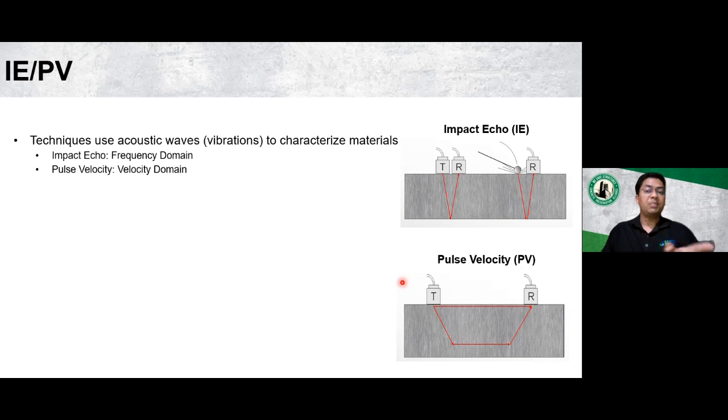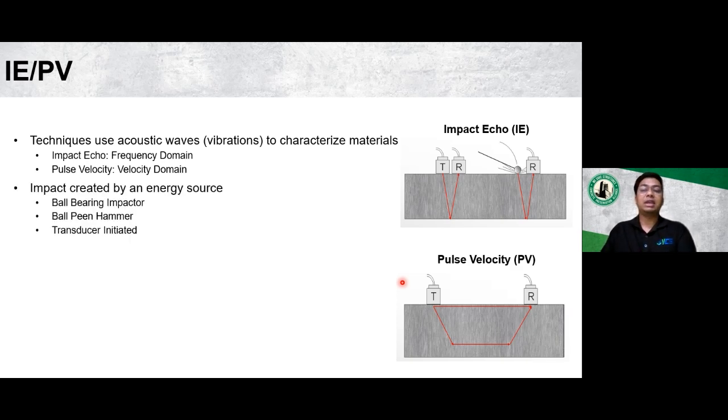However, the impact echo technique analyzes the response wave in the frequency domain, whereas the pulse velocity technique analyzes the wave in the time domain or the velocity domain. The energy source used for either technique can be as simple as a ball peen hammer or a steel ball bearing, or it can be as sophisticated as a transducer-induced sound wave or a pulse sent into the concrete. And I'll talk about this instrumentation in the next slide.